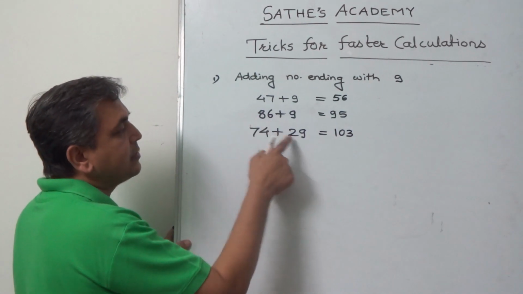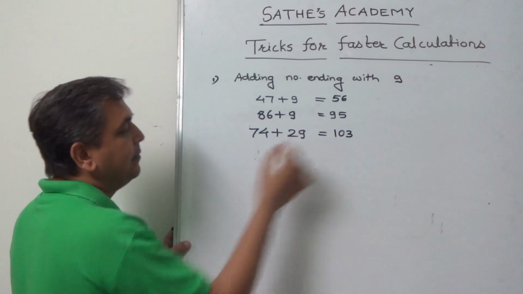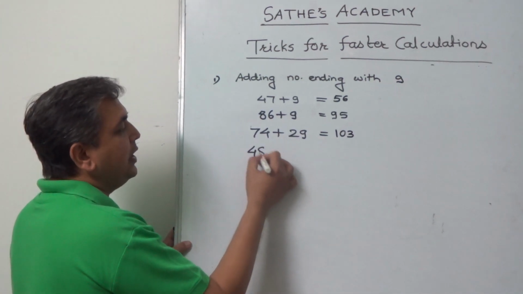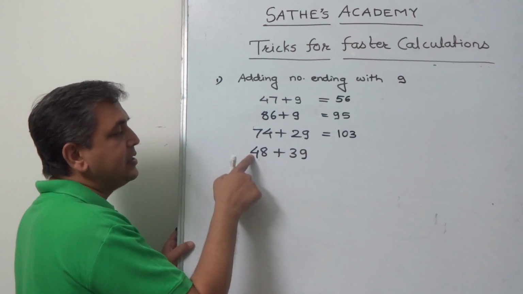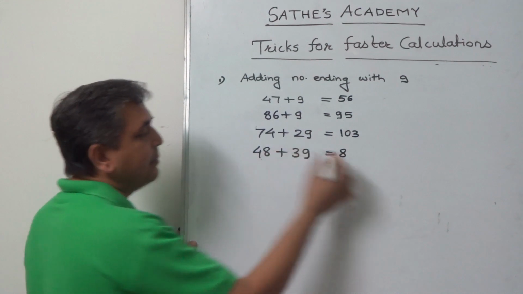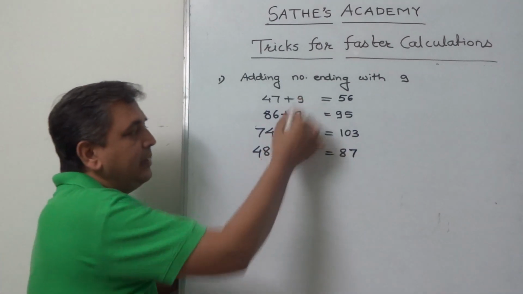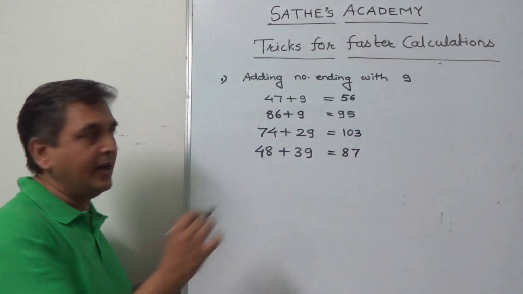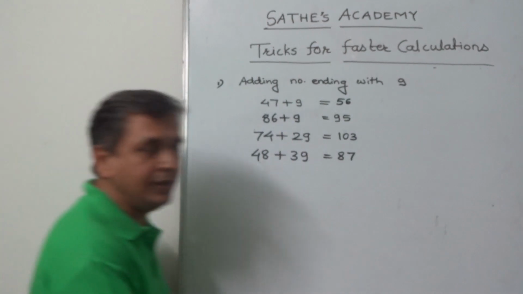This should be increased by 2 plus 1, 3, and this should be reduced by 1. 48 plus 39, this is 3, so increase this number by 4, 4 plus 4, 8, and reduce this number by 1. So this is a simple trick for addition of a number ending with 9. I hope you understand this. Practice it well, it will help in solving the questions fast.